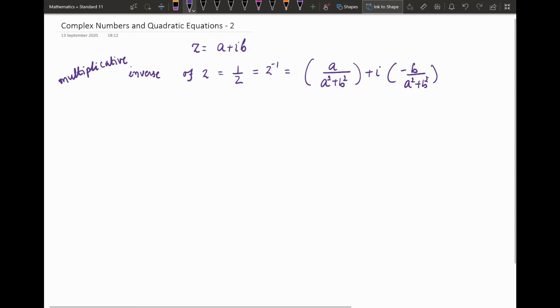So this is the formula, or directly if z is given, you can evaluate 1 upon z. As for example, suppose z equal to 3 plus 4i.